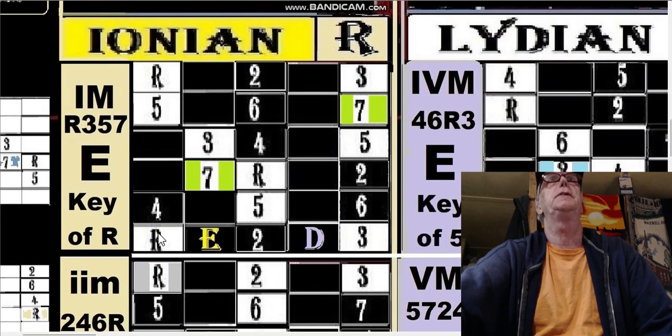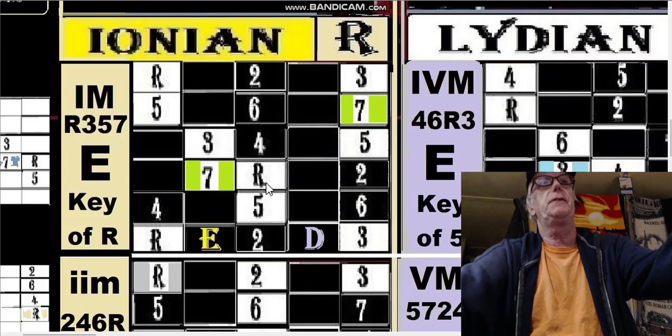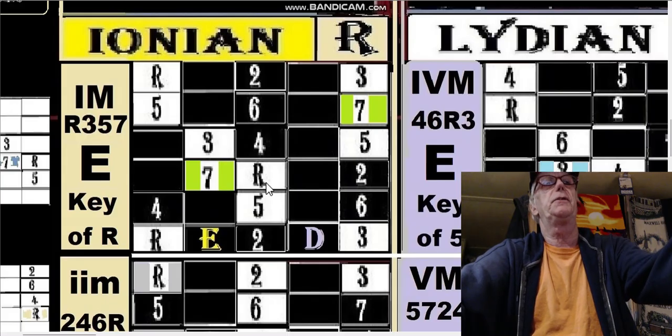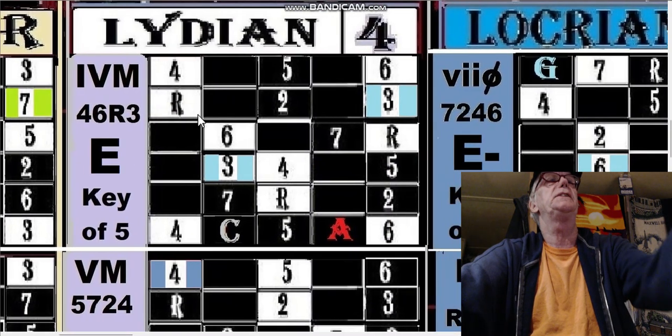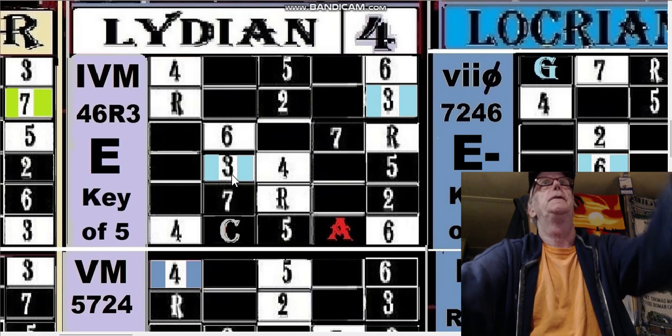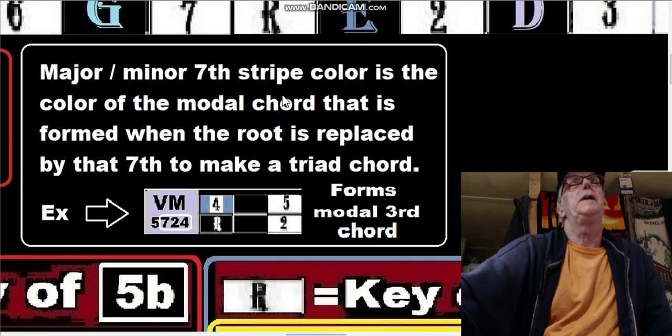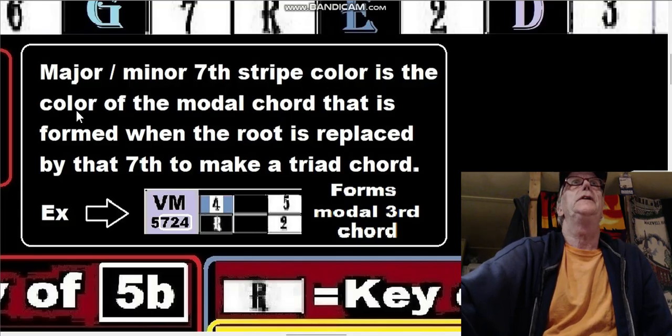Here's Ionian root. So root, Ionian 7th is a major 7th. The Lydian is also a major 7th. So it would be the 3rd. So major minor 7th stripe color is the color.